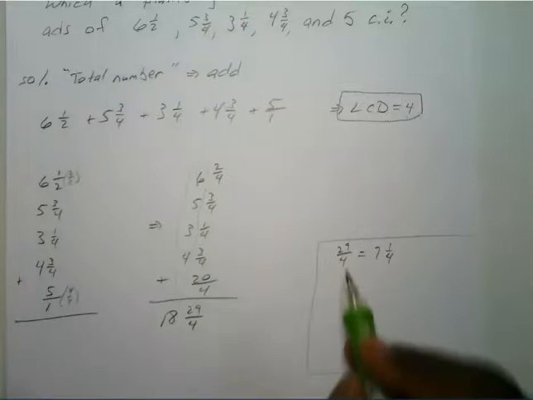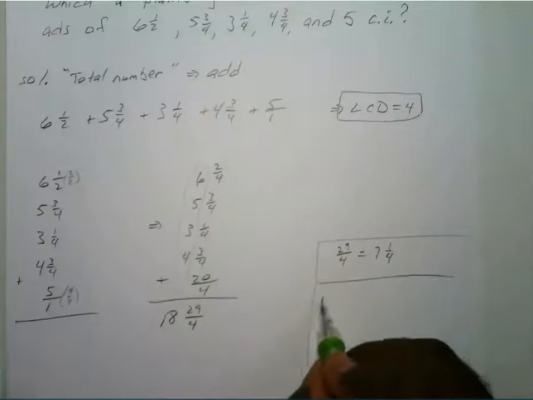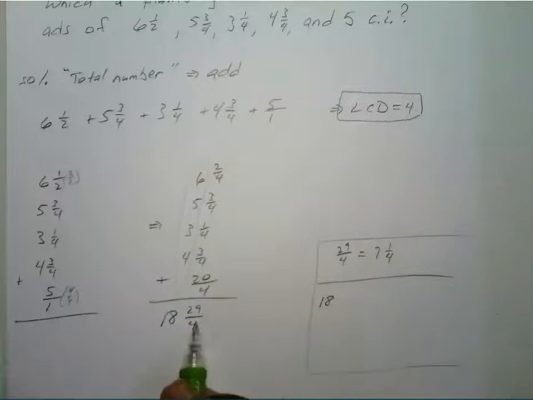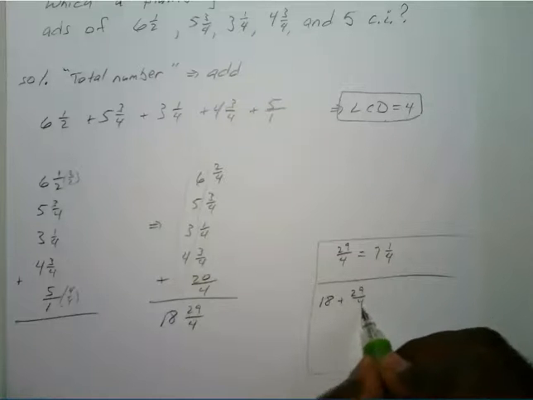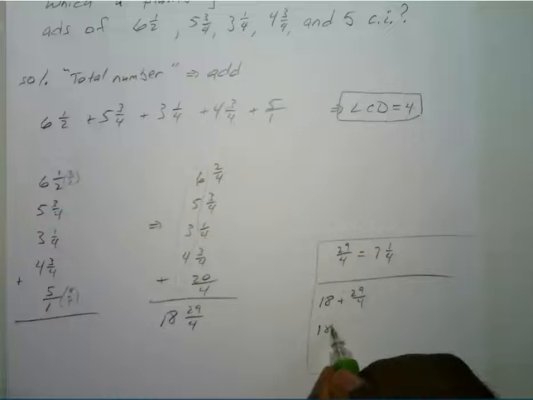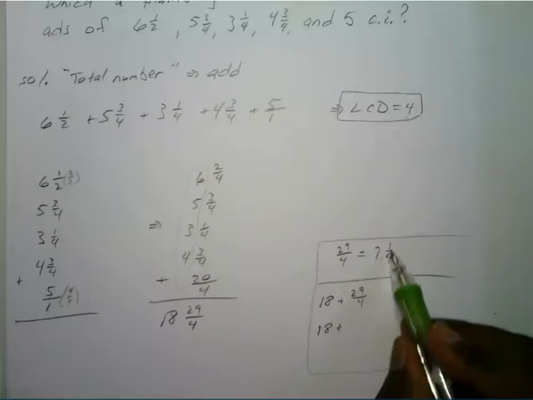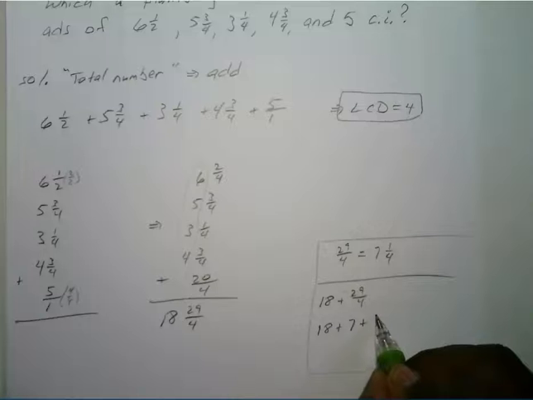All right. So we have our 18 and 29 over 4 is just 18 plus 29 over 4. So that's 18 plus, and 29 over 4 is 7 and 1/4. So 18 plus 7 plus 1/4.